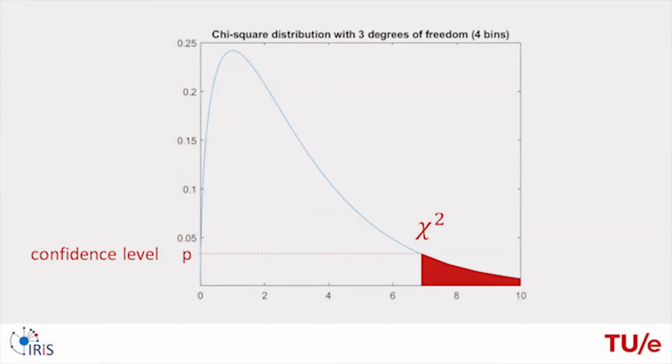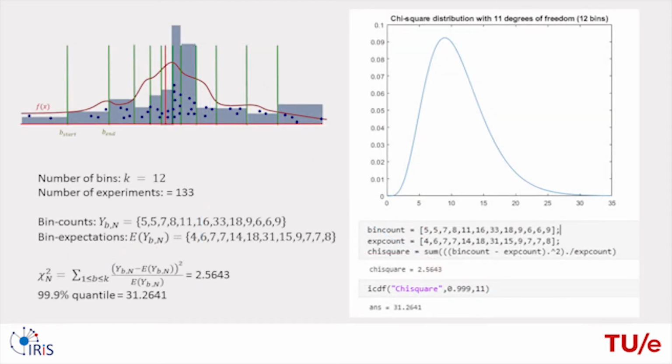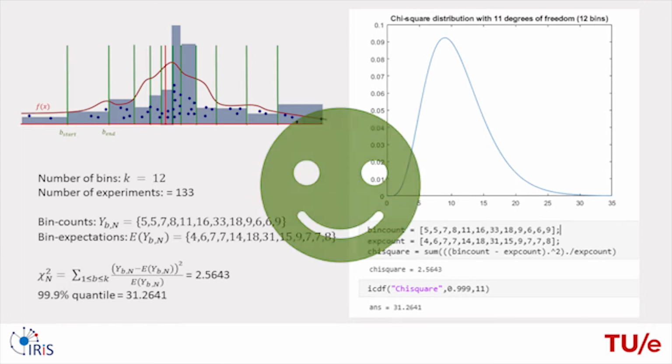For example, in our example, we compute a chi-square value of 2.564 on the basis of our measurements using 12 bins, and the 99.9% confidence level at 12 minus 1 degrees of freedom is 31.3, which is clearly much bigger, so we cannot reject our hypothetical model on the basis of these measurements. We will accept that it might be a good model.